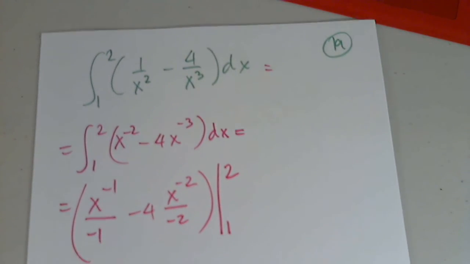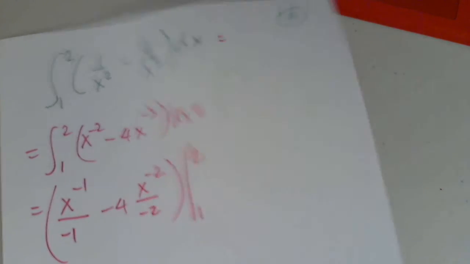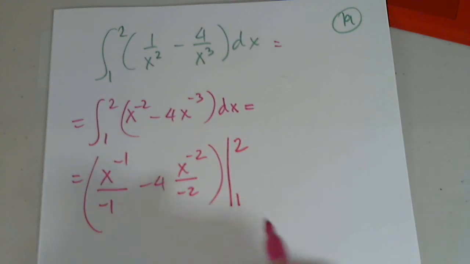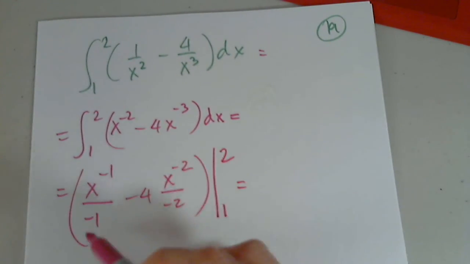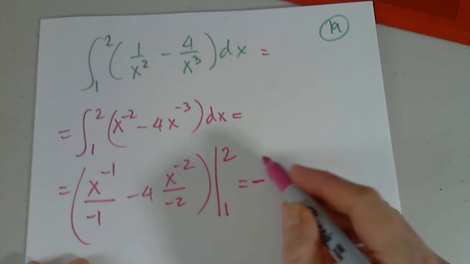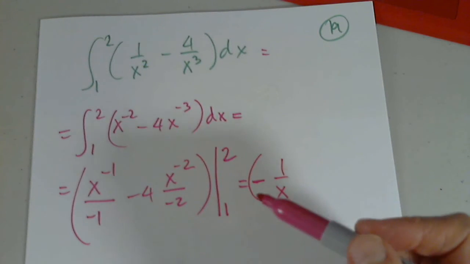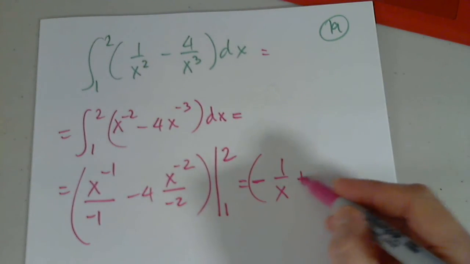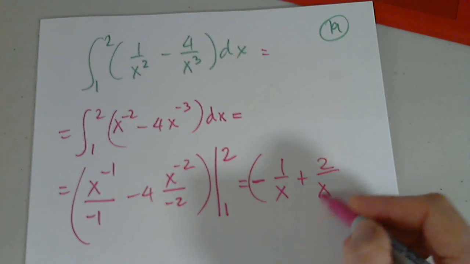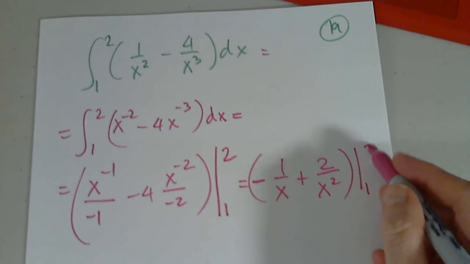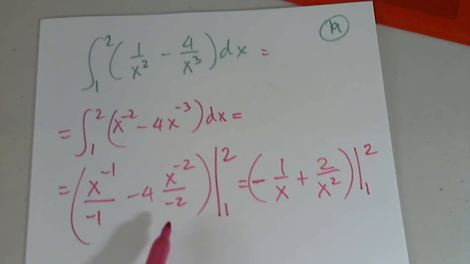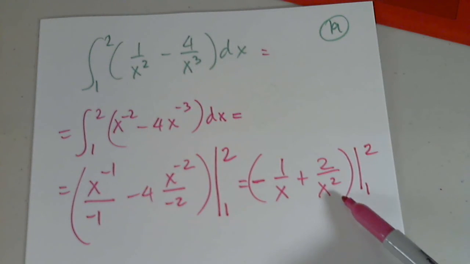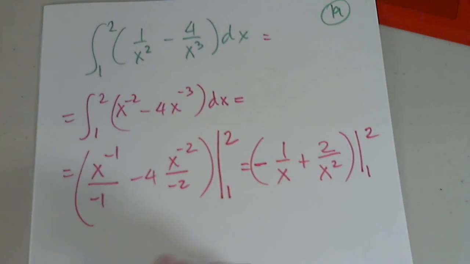I'm going to try and clean it up a little bit before I plug in these numbers, because it's confusing right now. I have negative 1 over x. This would be positive 2 over x squared from 1 to 2. I have negative 4 divided by negative 2, which is 2, and then I bring x to negative 2 to the denominator.